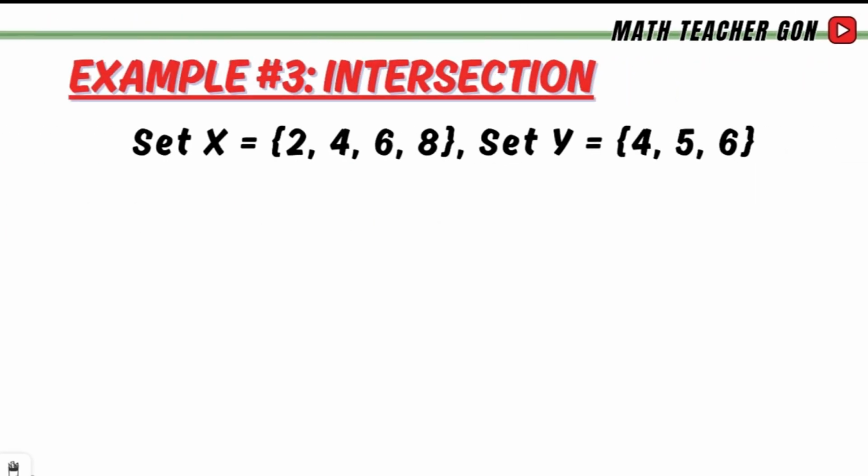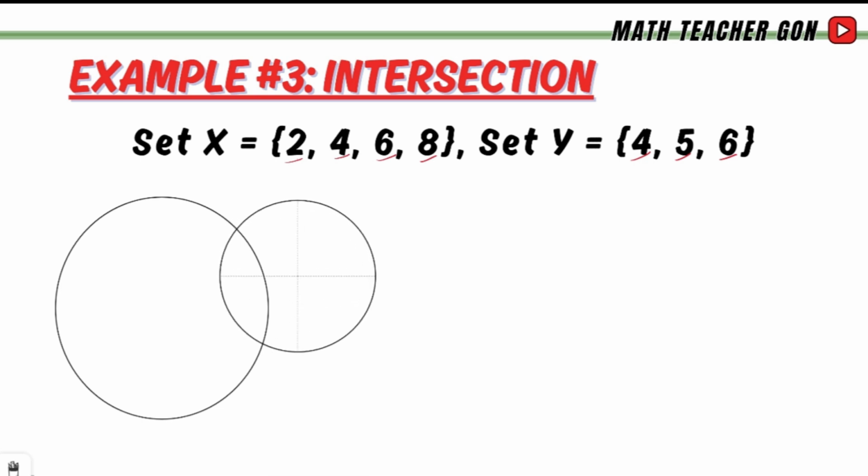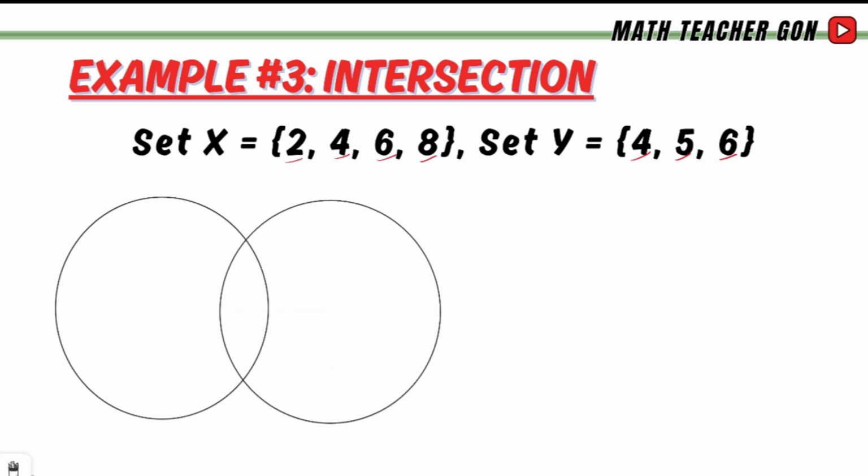Another example, the elements of set X are 2, 4, 6, and 8. And for set Y, you have 4, 5, and 6. So if we will be putting that in a Venn diagram, let's make 2 circles here. 1 circle here and then the other one here.